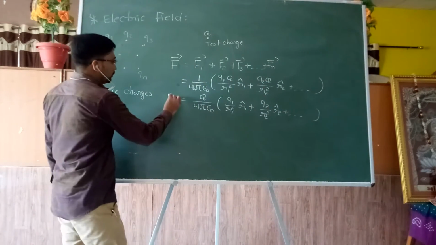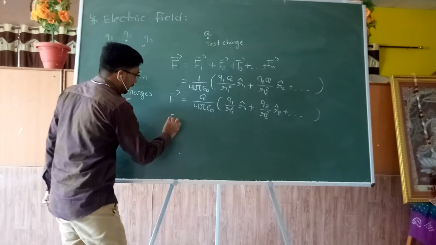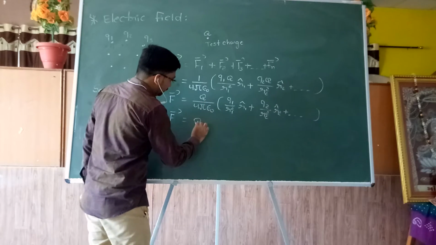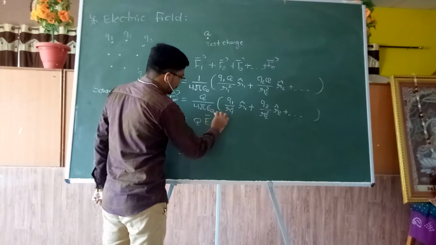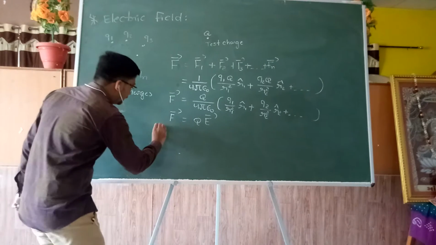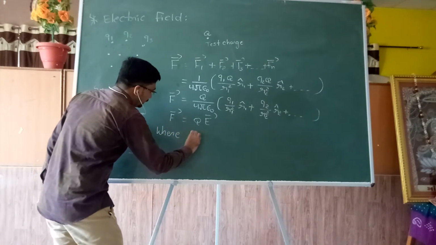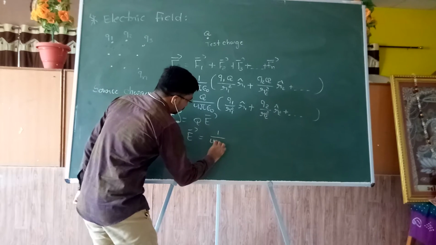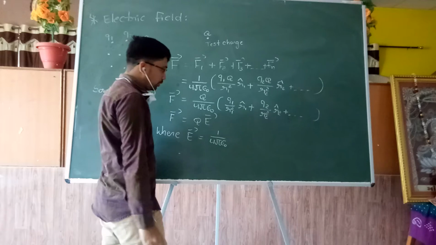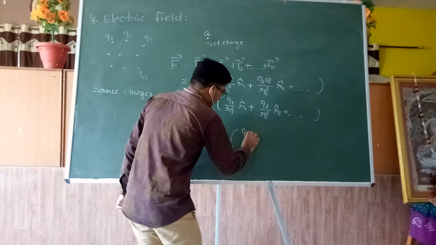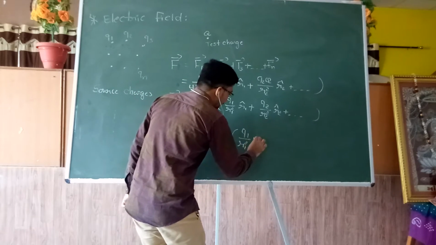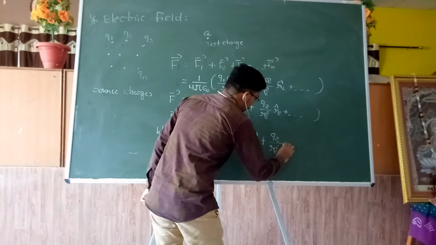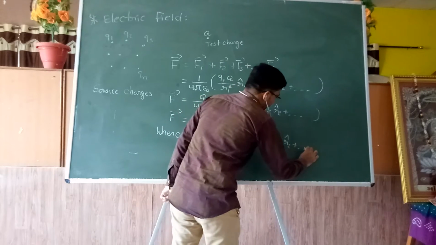Okay, and we write this as F is equal to Q remains the same and E, where E is equal to 1 upon 4 pi epsilon 0 into bracket Q1 upon R1 square R1 cap plus Q2 upon R2 square into R2 cap plus so on.